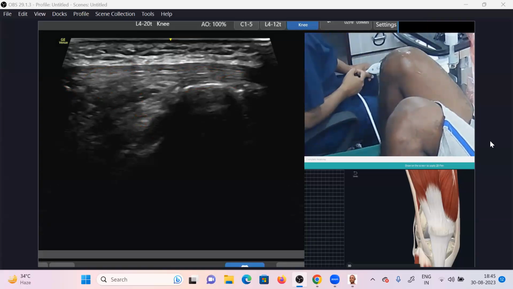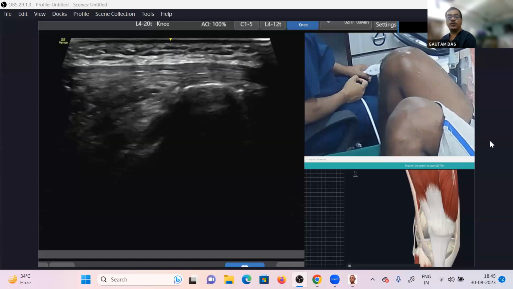The depth of it will be approximately 2 centimeters. You cannot see the centimeter scale here, but if you measure, it will be a little less than 2 centimeters. That is the cross section of the transverse meniscal ligament, as shown in the 3D anatomy.